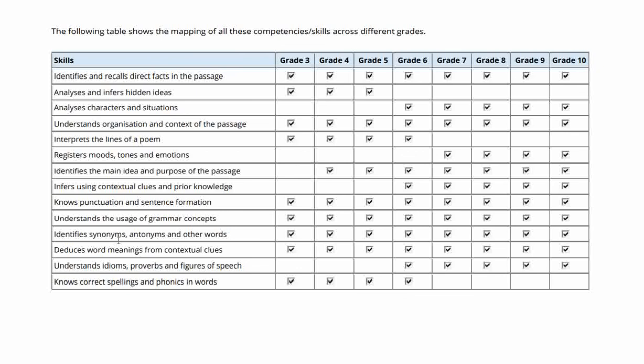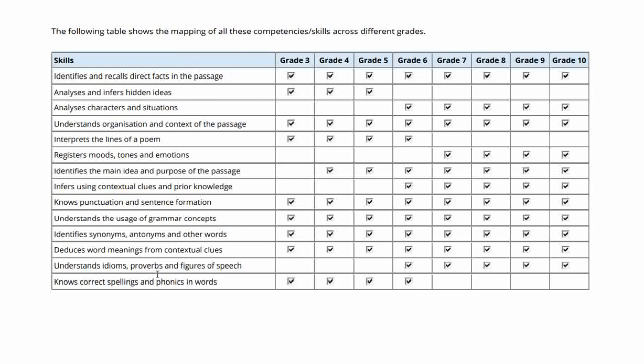Identifies synonyms, that means similar meaning words. Antonyms means opposites, and other words, that means breaking them down into prefix, suffix, and the root word. Deduces word meaning from contextual clues. Contextual clues means as per the context, maybe certain meanings are given in two commas soon after the word, maybe it is explained in the next line, maybe some hint is given, that is a contextual clue.